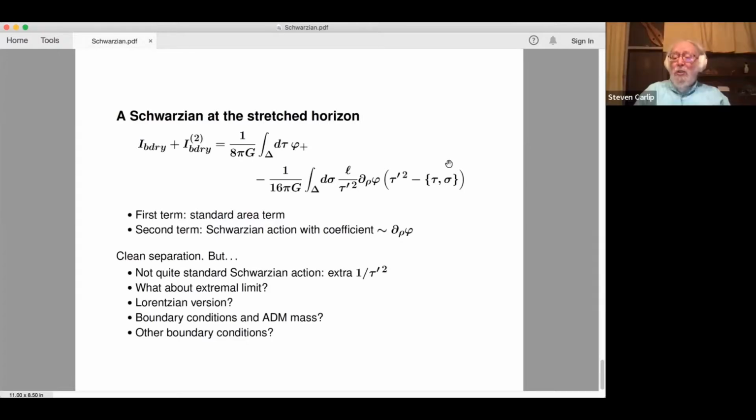Yeah, that's a very good question. I don't know the answer, but I don't think that you have the SL2R invariance. The SL2R invariance from this point of view comes from the fact that the metric for the nearly AdS case is hyperbolic.